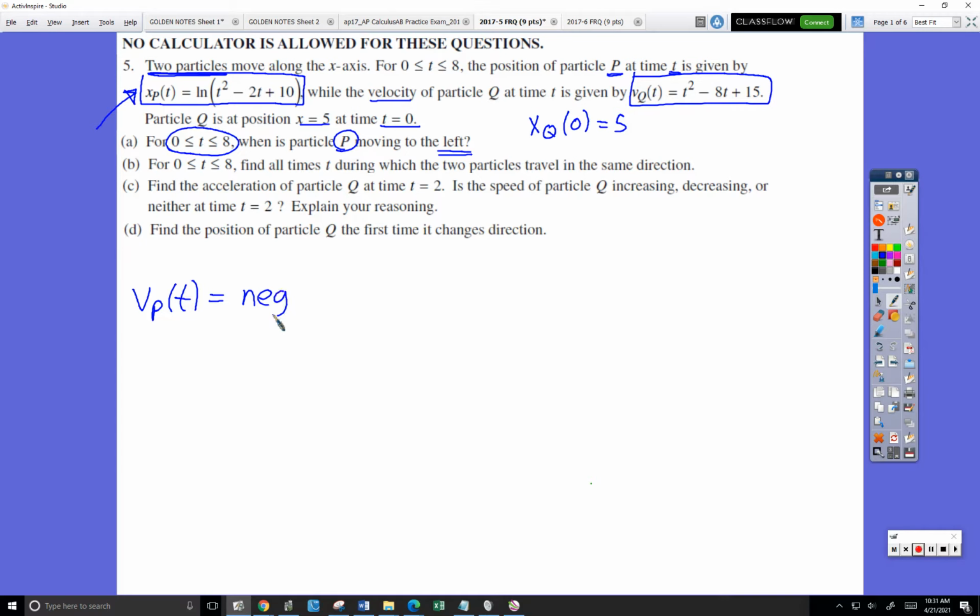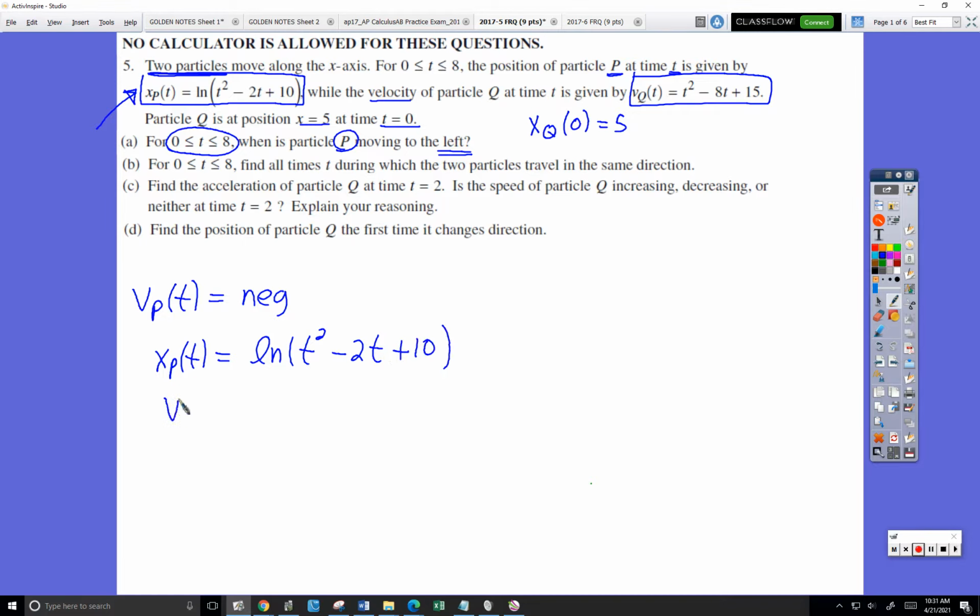So I have to start with my equation for the position of particle P, and I've got to find the derivative. So this is the natural log of something. The derivative of the natural log of something is 1 over the something.